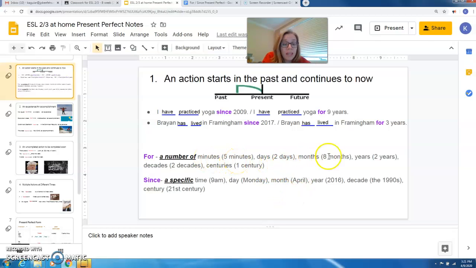It could be 2 days, 8 months, 2 years, 2 decades, 1 century. A number of these. For since, we use it for a specific time. 9 a.m. on Monday in April. For a year, 2016. A decade, the 90s. Or a century, the 21st century.